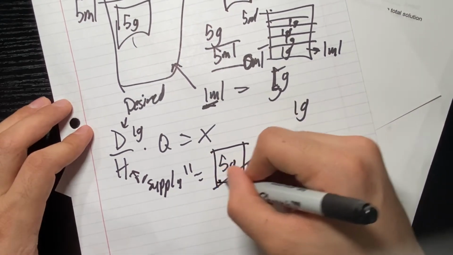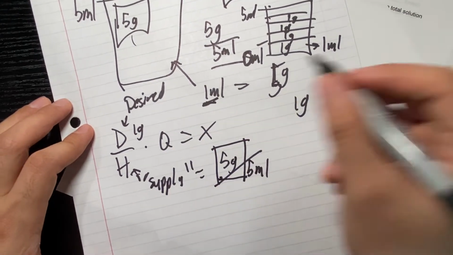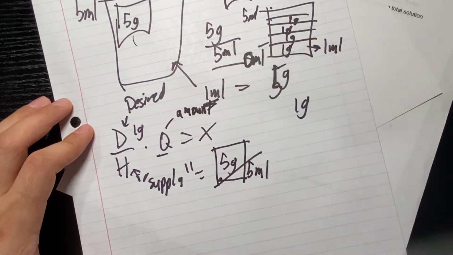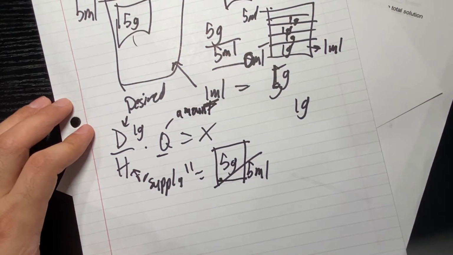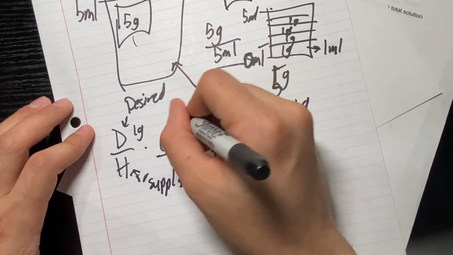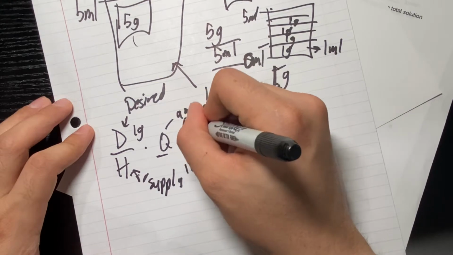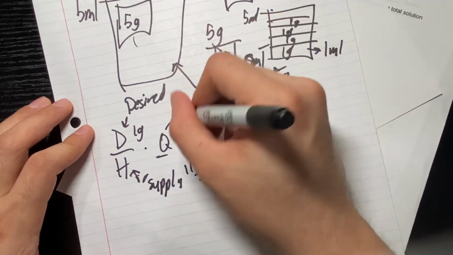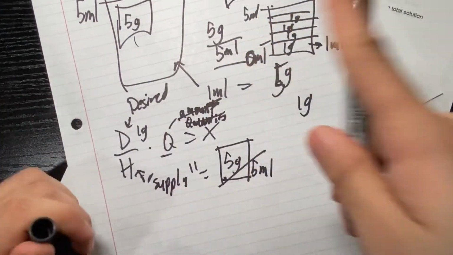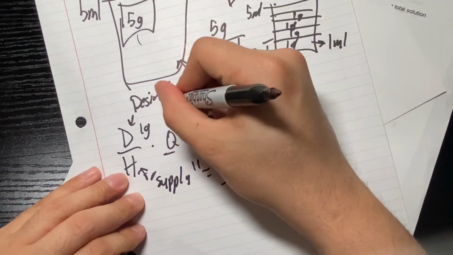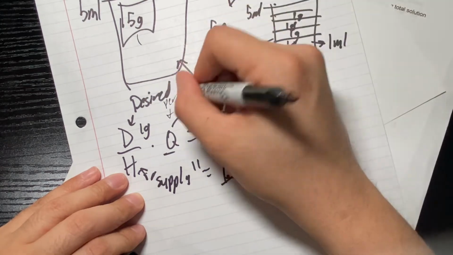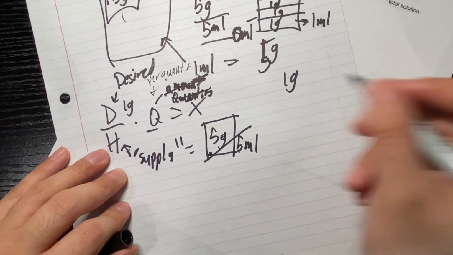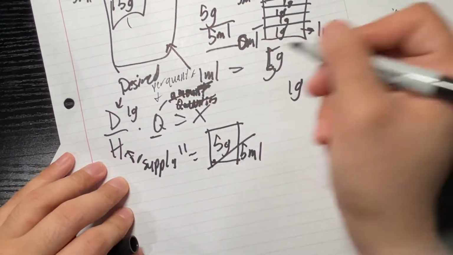We'd isolate H as the value up top, and then Q is our quantity. It's interpreted as amount, or even better, as our per quantity. So we have 5 grams per 5 mLs, or 200 grams per 1 tablet.